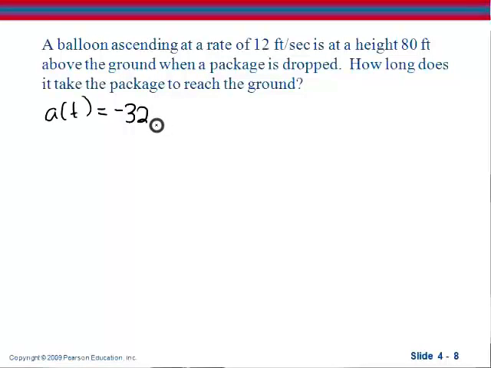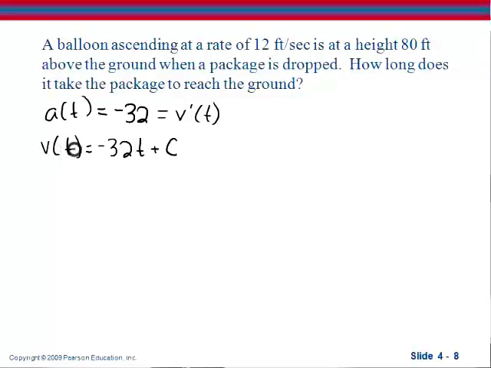Okay, it's negative because gravity acts in the direction of decreasing s. So it's a negative acceleration. Now remember that this is the derivative of our velocity function. So we could find our velocity function by taking its antiderivative. Well, the antiderivative of -32 will be -32t. But now we want the most general antiderivative, so we'll put plus c there.